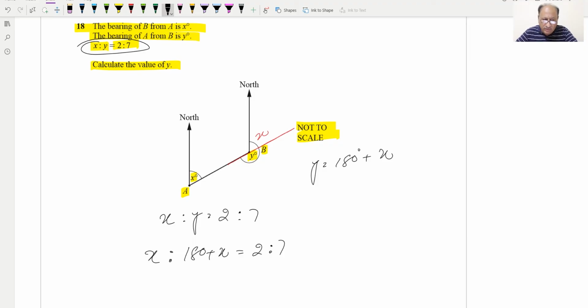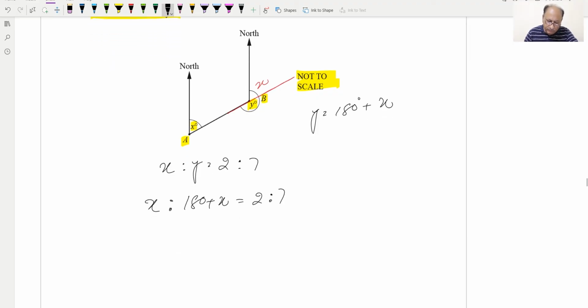Further, we can multiply inner, and the product of inner will be equal to the product of outer. So 7x is equal to 2 into 180 plus x.